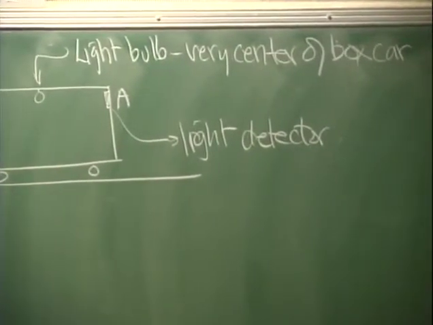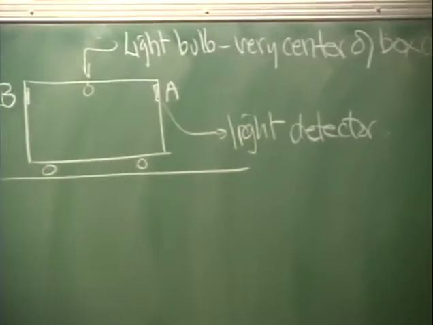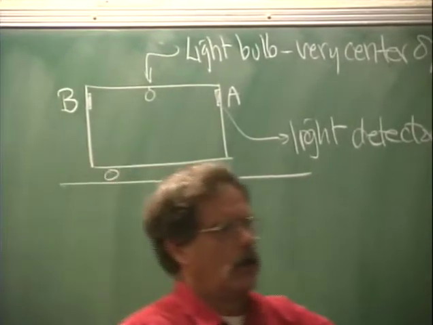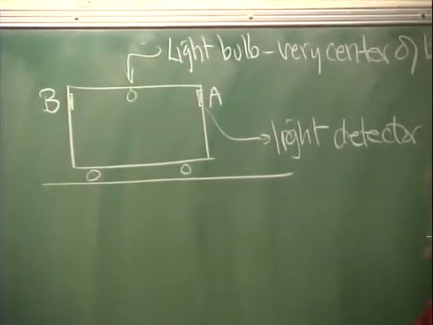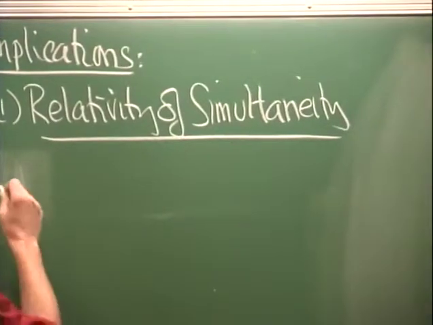Now here's the idea. At a signal, I switch on the light. The light expands out in both directions, hits these 2 detectors. Question, which detector does it hit first? Let me define the 2 events here to be very precise about it.